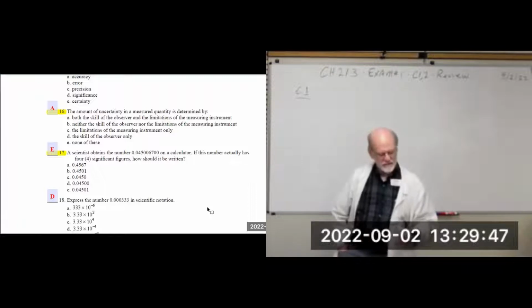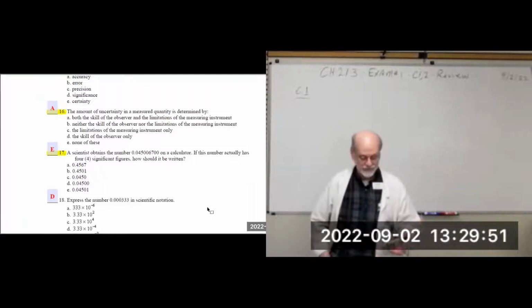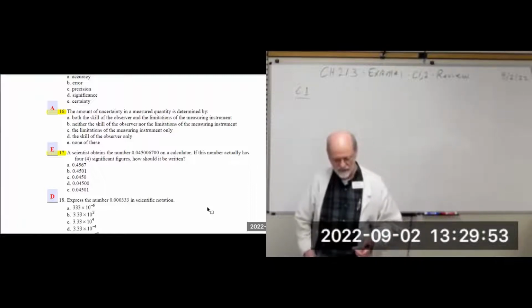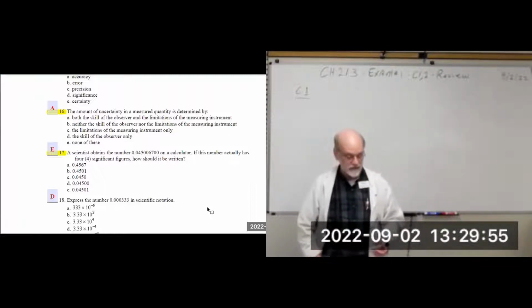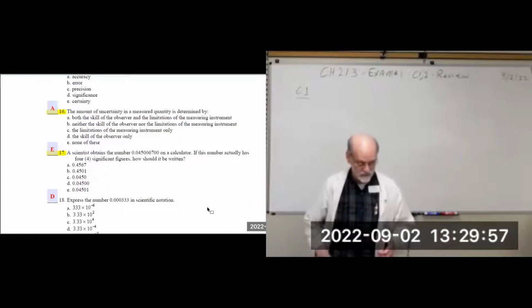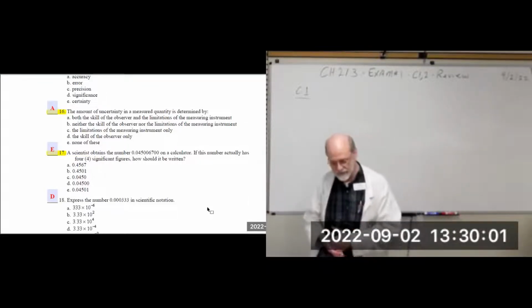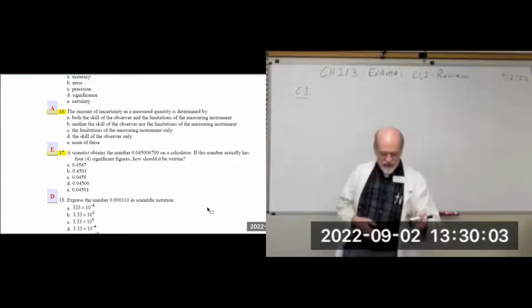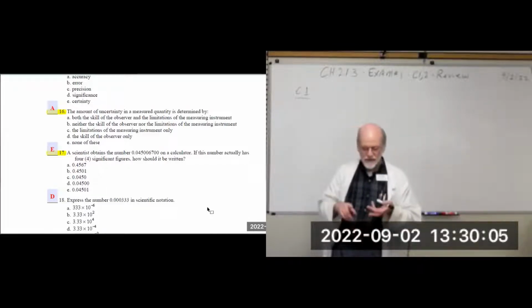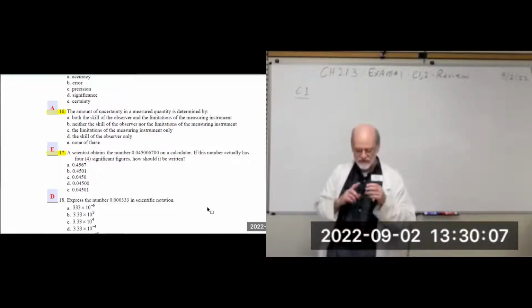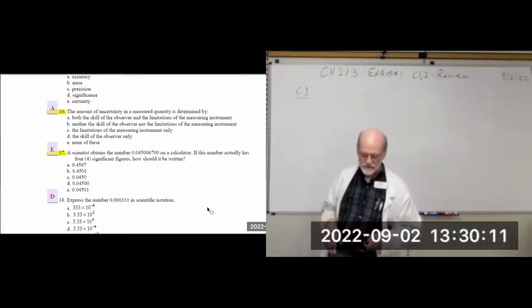You could do the same thing with an instrument that costs 1/10 that much, and I've done that. But you have to be more careful, and it doesn't measure to as many significant figures. Okay, so the answer to that one's A. Both the skill of the operator and the instrumentation are limiting factors on the uncertainty in the measured quantity.